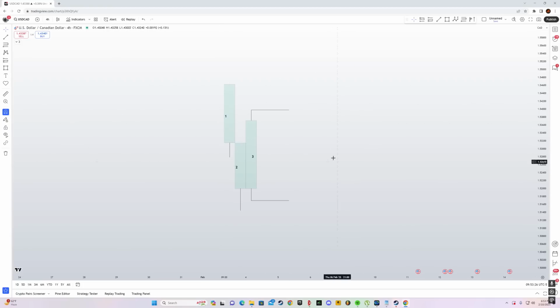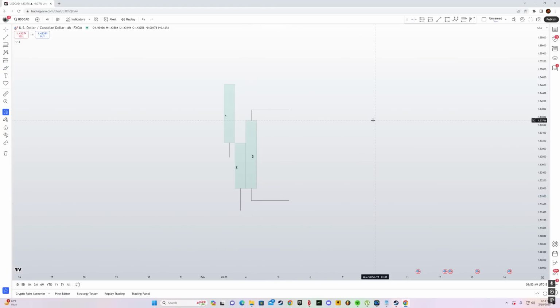We're not looking at the first candle, just the third candle. Why? Because the algorithm, for some reason, just prioritizes this candle. All right, there is liquidity above the high of this candle and liquidity below the low of this candle.